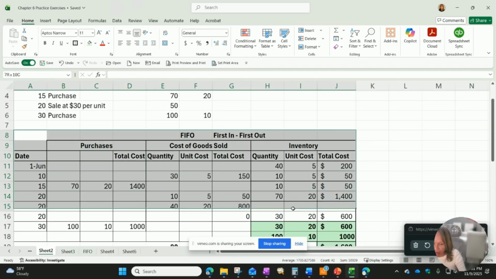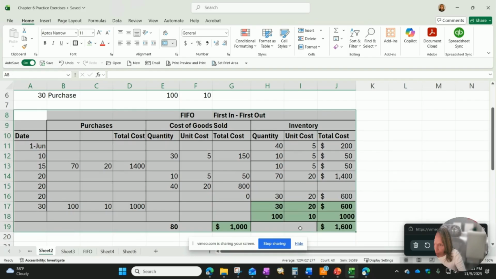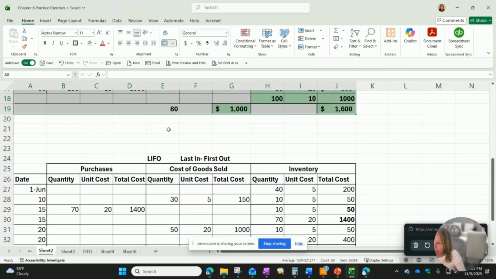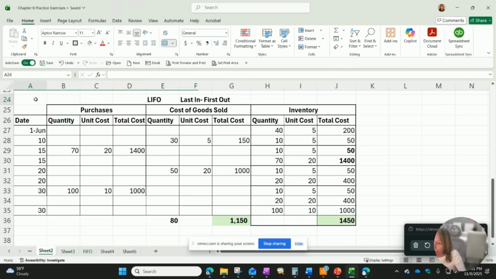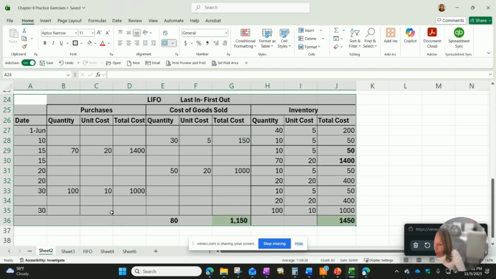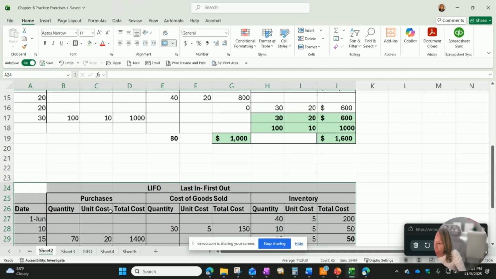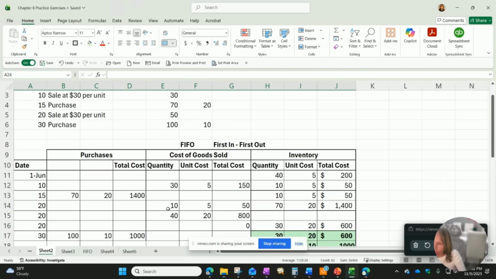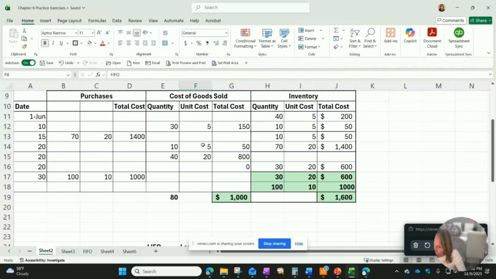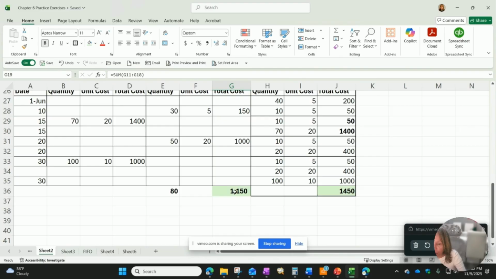This is the FIFO example, and here we have LIFO. When we calculated the cost of goods sold on the FIFO, the cost was $1,000. When the cost is lower, of course, the profit is higher. On the LIFO, the cost is higher.